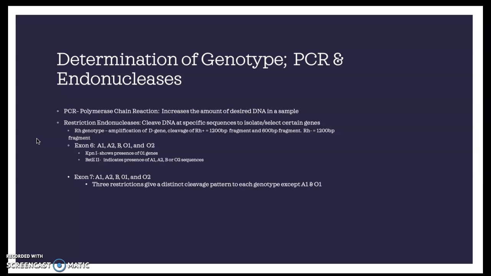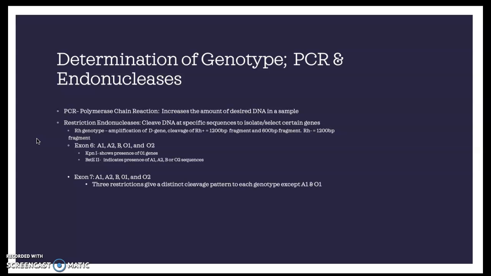After increasing the amount of desired DNA in a sample, you can add restriction endonucleases, and those can be used to cleave DNA at specific sequences to isolate and select for certain genes. After these cleavages have been performed, you can run the sample through gel electrophoresis, and that can determine the size of the fragments created by the cleavage of the DNA, which helps you to determine what the genotype of an individual is.